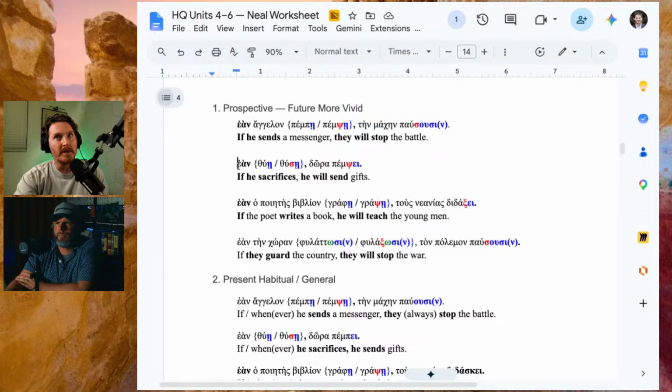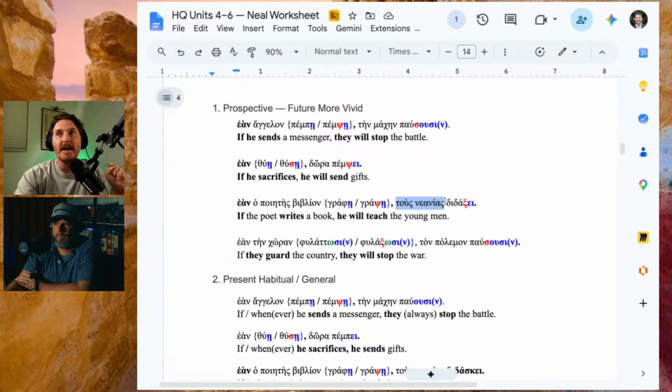Another example is ean thue, if he sacrifices, dora pempse, right? So he will send gifts. This is just the same thing with different vocabulary, right? Ean o poietes biblion graphe or grapse, either one, right? If the poet writes a book habitually or one book, right?